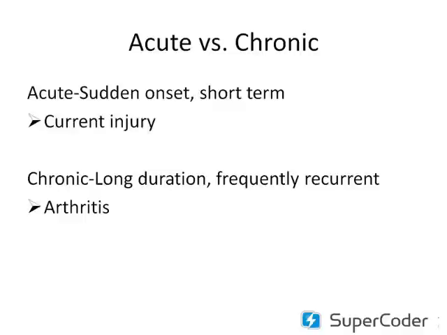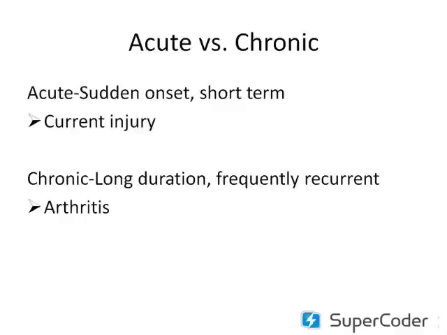Acute is normally an injury of some type or an accident, and there's a sudden onset and it's short term, where a chronic condition is a long duration, it's frequently recurrent, and the patient's normally had it for a while and really hasn't done anything to have this problem occur. Arthritis is a very good example. That's a degenerative thing that kind of starts small but then gets big. So that's going to be our acute versus chronic. And many of our diagnosis codes are determined by acute or chronic.